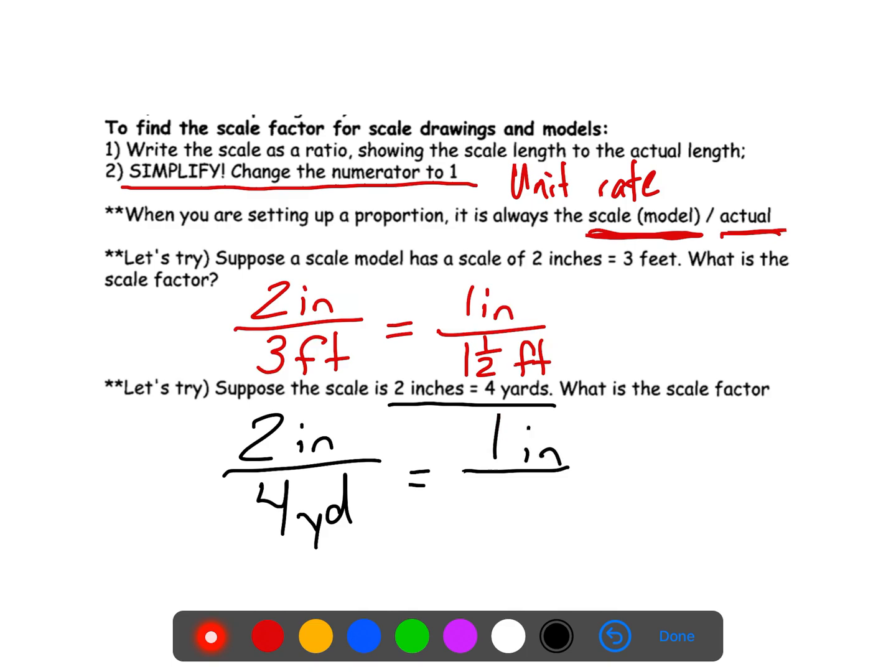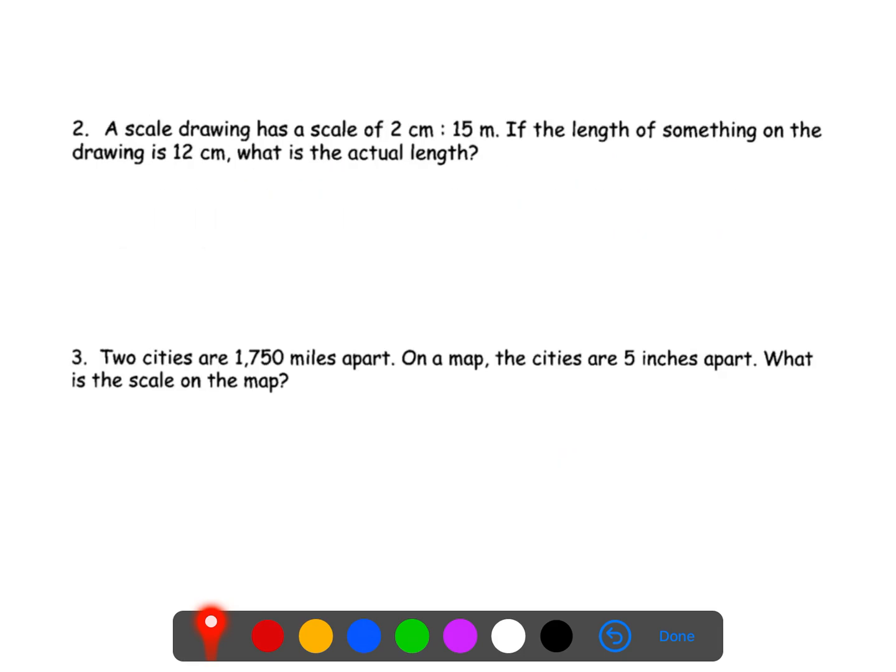And that would be half again, so 2 yards. Now we're talking about equivalent ratios. This is a proportion showing that these two things are equivalent to each other. They're not the same, but usually this is going to be preferred when we have a unit rate, a scale factor to work with. It's just easier when one of our quantities in the ratio is going to be 1.